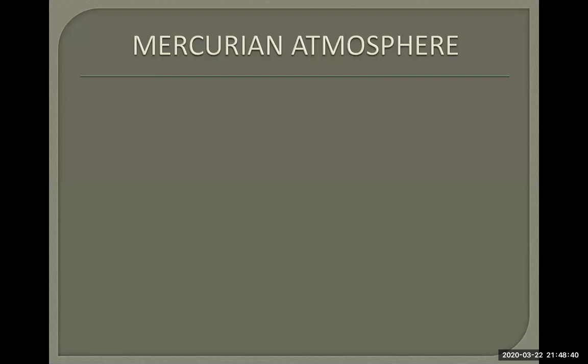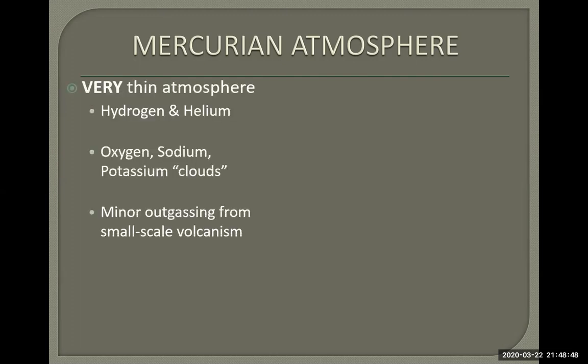Now, I said before that Mercury doesn't have a thick atmosphere. It does have an atmosphere, but it's laughable. So what do I mean by that? Well, it has a very, very thin atmosphere. Back in chapter 8, when we talked about the Earth's atmosphere and the different layers, the outermost layer of the Earth's atmosphere, we call that the exosphere. Our textbook calls it the ionosphere.